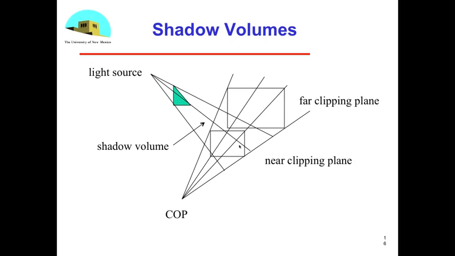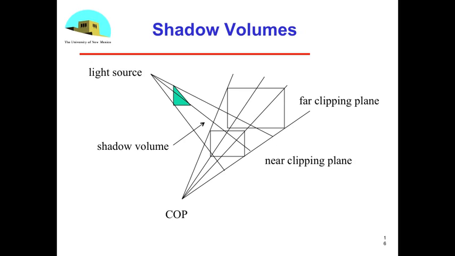So by computing this more complex volume, or at least computing these planes where I enter and leave shadow, as I do my normal rendering, I'm looking at those planes and going in shadow, out of shadow, in shadow, out of shadow. If I have multiple light sources, then I have many planes in here. So the shadow volume is another way of doing it. And what are you saving? You're actually saving these intersection planes to determine when you're going in and out of shadow.